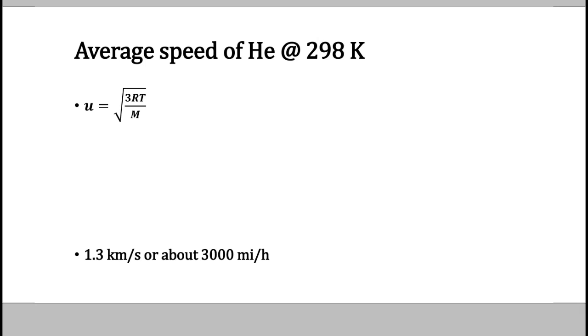Let's find the average speed of helium at 298 Kelvin. So we're going to start with this expression that U is equal to the square root of 3RT over M. So let's plug in.